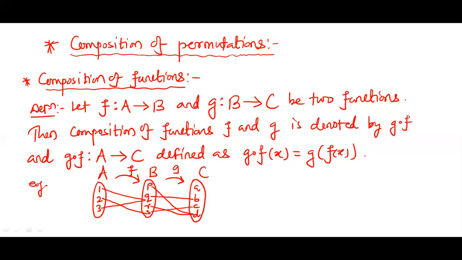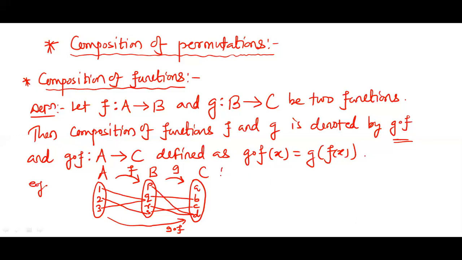Then the composition of functions f and g is denoted by symbol g naught f, and g naught f is a function from set A to set C, which is defined as g naught f of x equal to g of f of x.